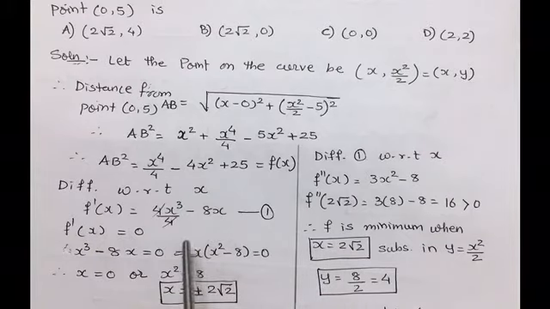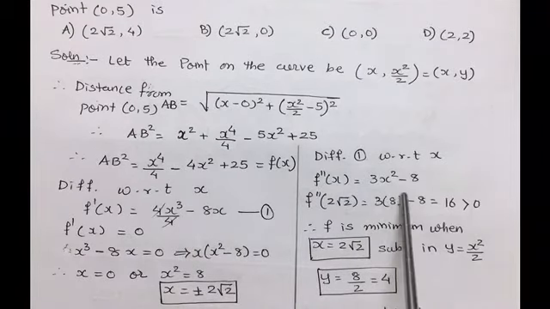Now to find the minimum distance, that is minimizing the distance function, we will again differentiate 1 with respect to x. So f double dash x is equal to 3x square minus 8.